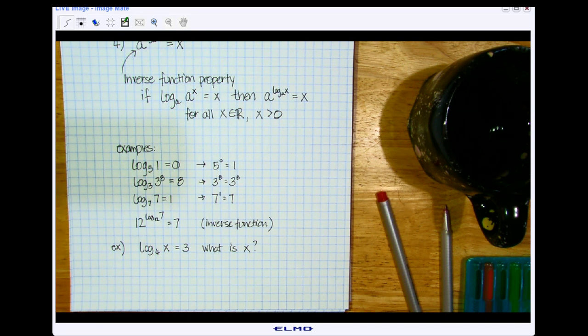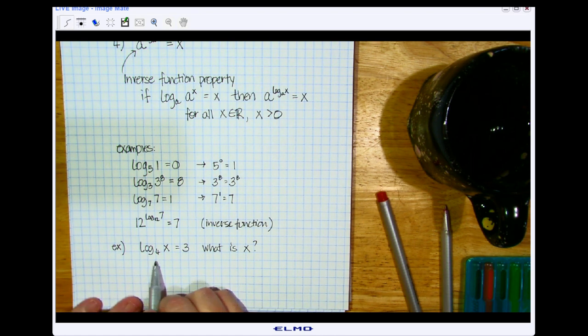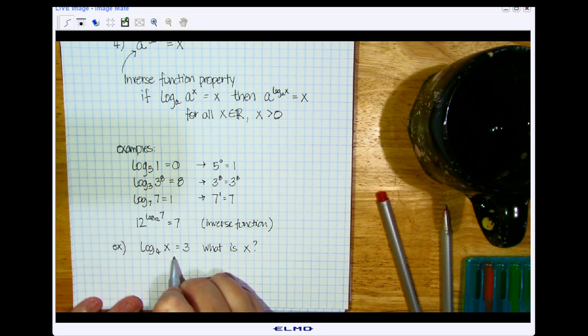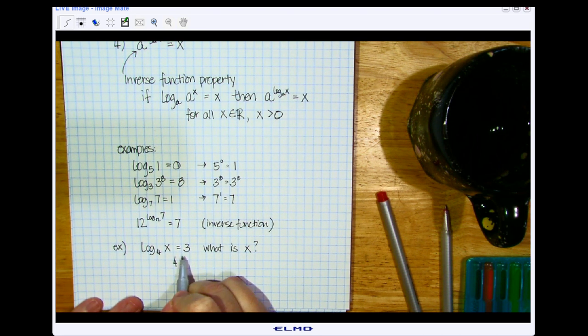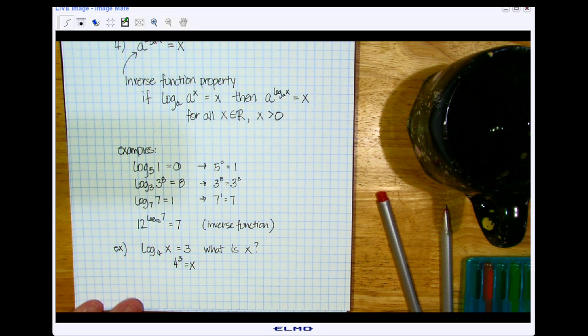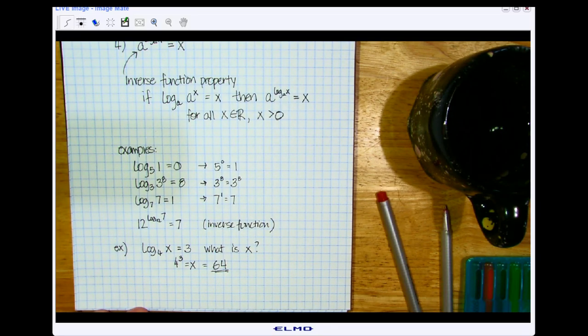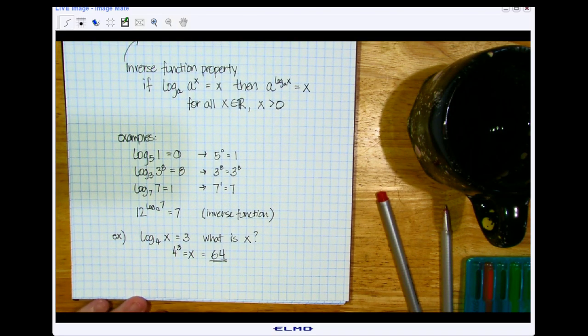What is the value of x? 4 is the base, right? 3 is the exponent, and that's got to equal my x. So 4 to the third is indeed 64, right?